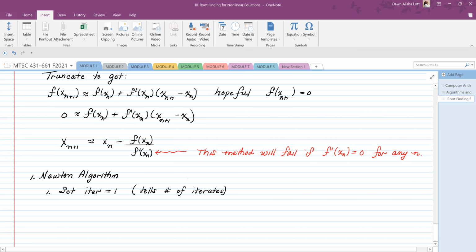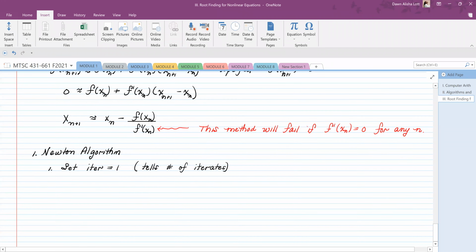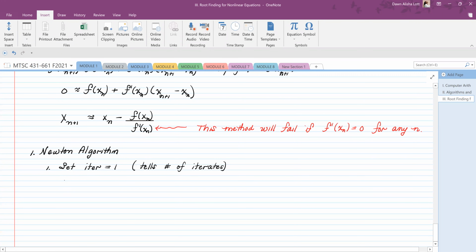And I also need to define an initial guess, x naught. And I also need to define an epsilon tolerance.